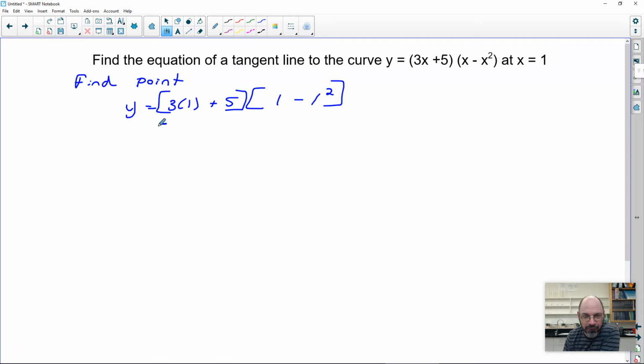So this is going to be 8 times 0 equals 0. So my point then is 1 and 0 for this particular expression. Okay, now we need to find the slope. Find the derivative.